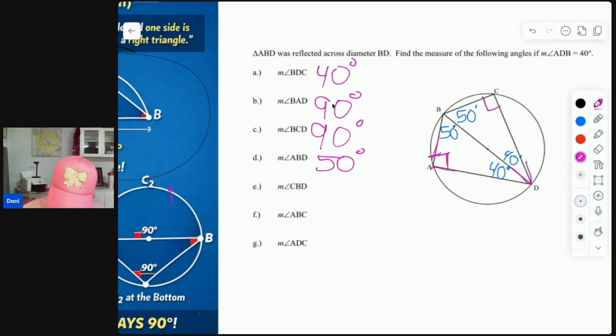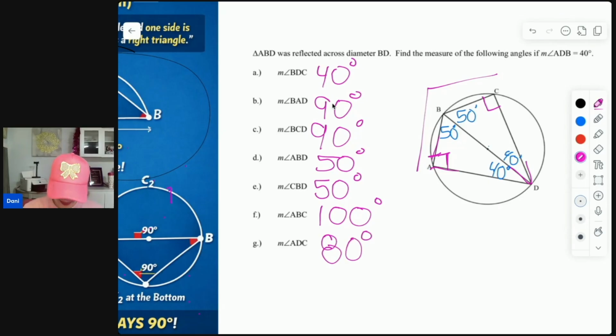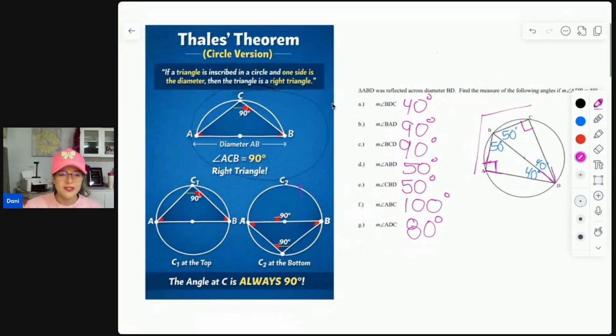Angle CBD, 50 degrees. Angle ABC, ooh, angle ABC, that's this whole angle right there. That's going to be 50 degrees plus 50 degrees, which is 100 degrees. That was fun. And then angle ADC, so that whole big angle, 40 plus 40, that's going to give us 80 degrees. Very good. Okay, let's do a few more examples.